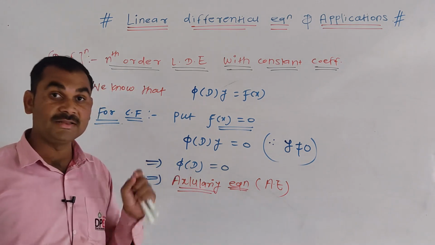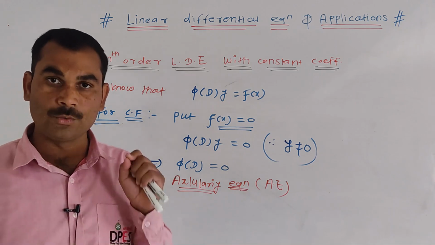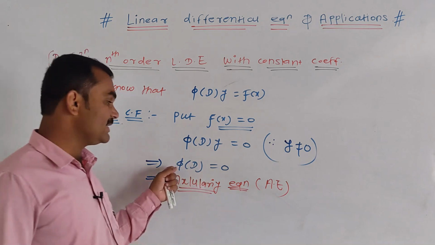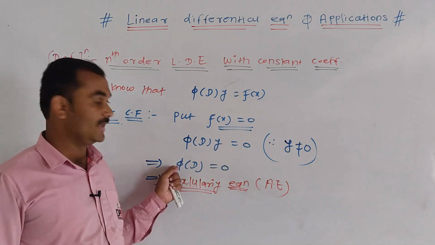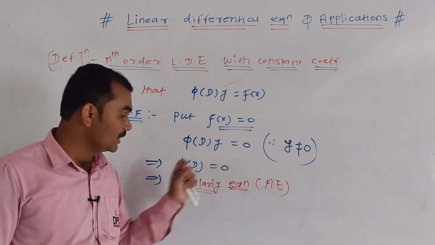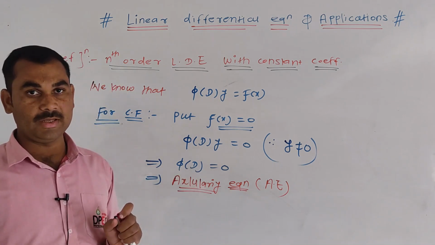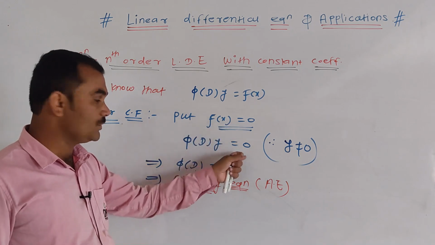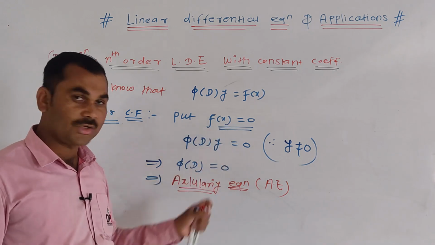Phi of D is an nth degree equation in D. Find the roots of that equation. Depending upon the nature of the roots, we write CF directly. We get CF from phi of D equal to 0. How to find CF? Put f of x equal to 0, we get phi of D into y is equal to 0.